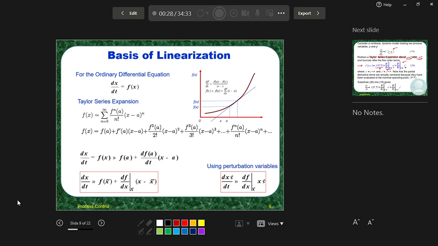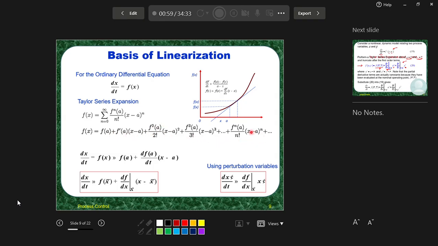Now, if we have an ordinary differential equation of this form, and this f of x represents the right-hand side of the differential equation, which will be some function, it can be approximated using the Taylor series expansion, which has the general form of this and the expanded form of this.